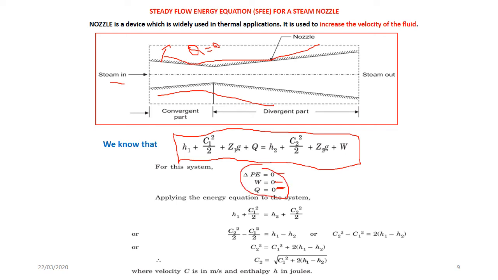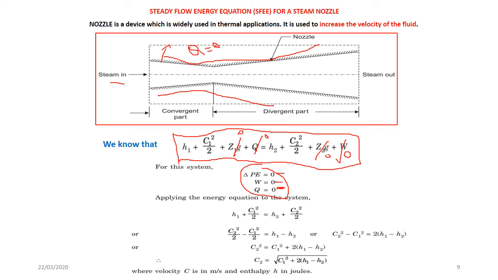When you write this out, the adiabatic term is 0, the difference in potential energy is 0, and the work term is 0. Now what is the remaining component?